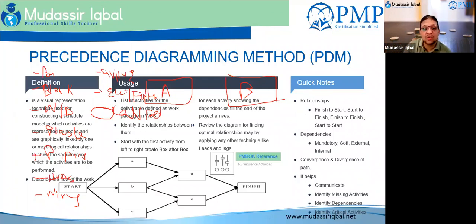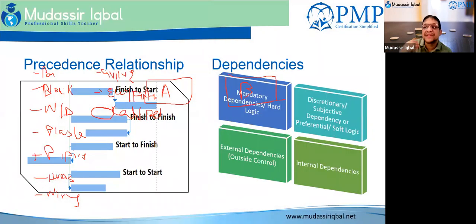That is what the precedence relationship is. PDM includes four types of dependencies or logical relationships, called precedence relationships, the first of which is finish to start. You cannot start the paint before doing the plastering. That is finish to start.